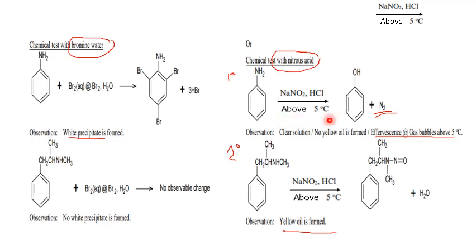For the secondary amine, using the nitrous acid test, no gas bubbles are formed. Or another way, you can write that no yellow oil is formed for aniline, and for the secondary amine, yellow oil is formed. You must always remember for a chemical test, one reaction gives a positive result and the other a negative result.